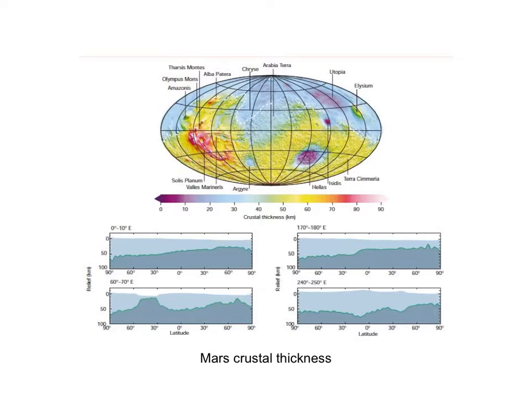You can think about the northern lowlands as similar to oceanic crust. It's going to be thinner, and these diagrams here just show some of those vertical profiles. So you can see that on average, the crust on Mars ranges, but on average, it's going to be maybe about 40 kilometers in depth.